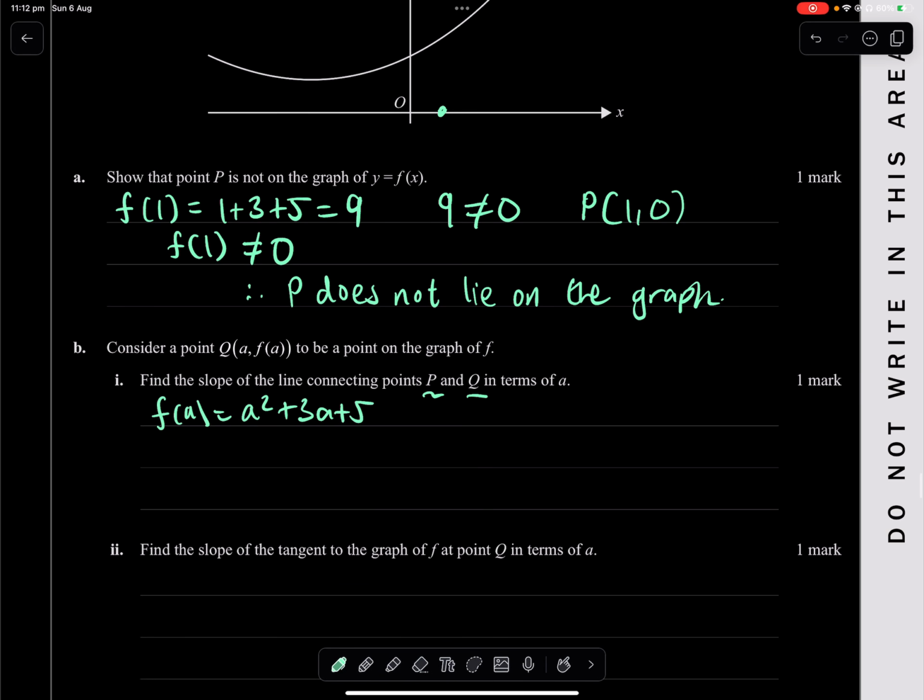So your actual point Q is a, a squared plus 3a plus 5, and point P is 1 and 0.